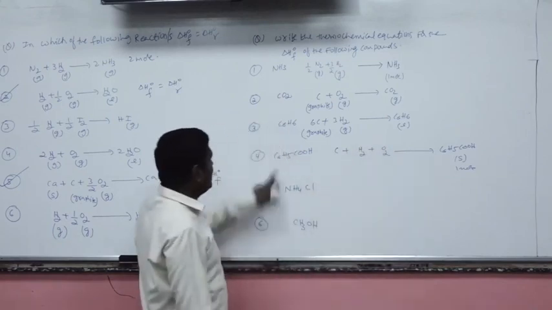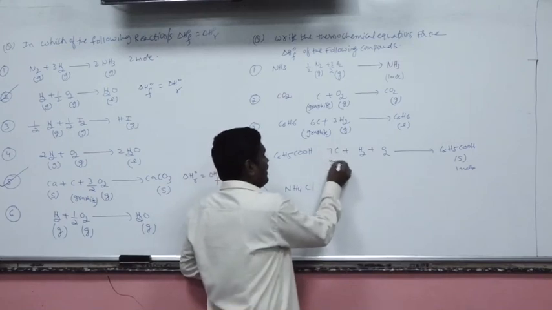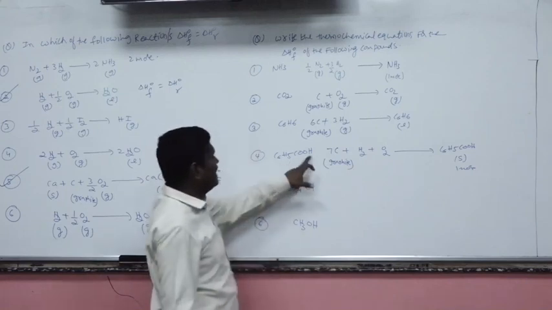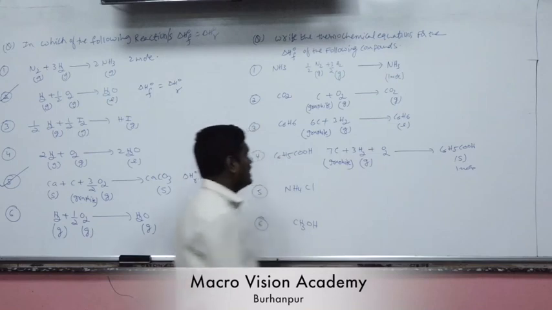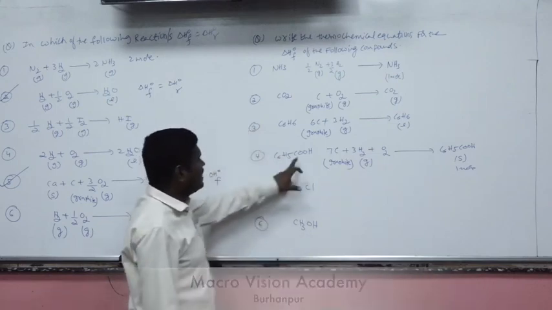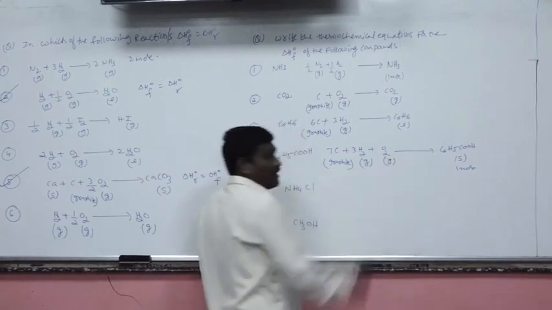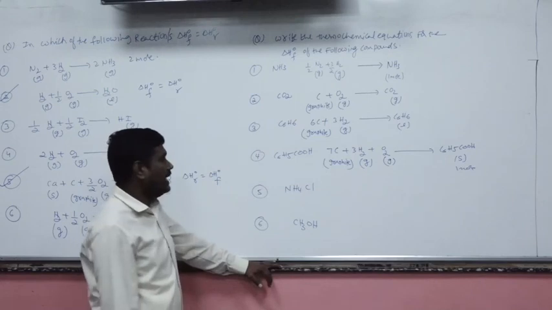Total how many carbons are there? 6 plus 1, 7. So I am writing 7 carbon. What is the standard state of carbon? Graphite. How many hydrogens are there? 5 plus 1, 6. So 3 2s are 6. Standard state of hydrogen is gaseous state. Now oxygens: 2. Here also 2. So this is the thermochemical equation regarding the standard enthalpy of formation of benzoic acid.